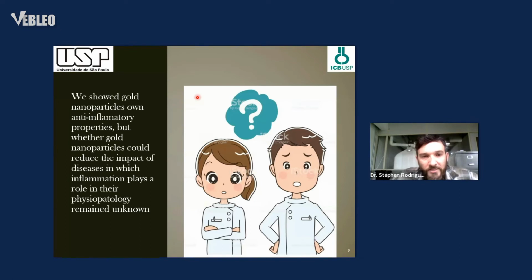So the next question that we asked was, okay, gold nanoparticles reduce the number of leukocytes that arrive at an inflammatory site, but are gold nanoparticles useful in any disease?